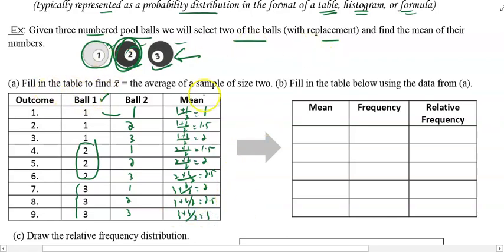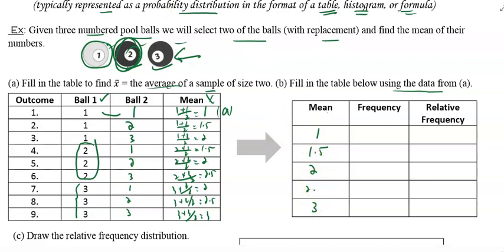So, when they say, fill in the table, find the mean, we did B. Fill in the table below using the data from A. So this is A. What's the mean? The mean is either 1, 1.5, 2, 2.5, or 3. Well, what is the frequency for 1?